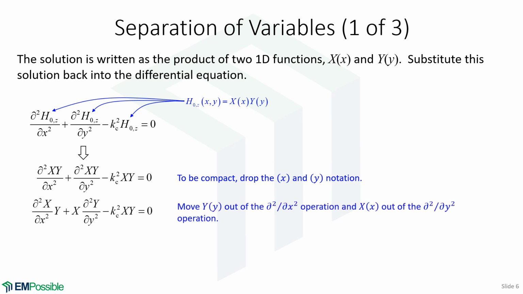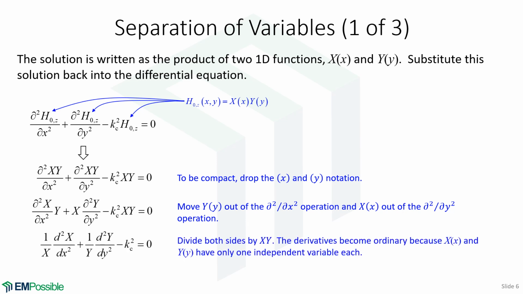Now we notice in this first derivative that Y is not a function at all of x. It is able to come to the outside. And we brought it to the outside down here. Likewise, in our second derivative, X is not a function of y, and so we bring it to the outside. Then last, our partial derivatives are written as ordinary derivatives.